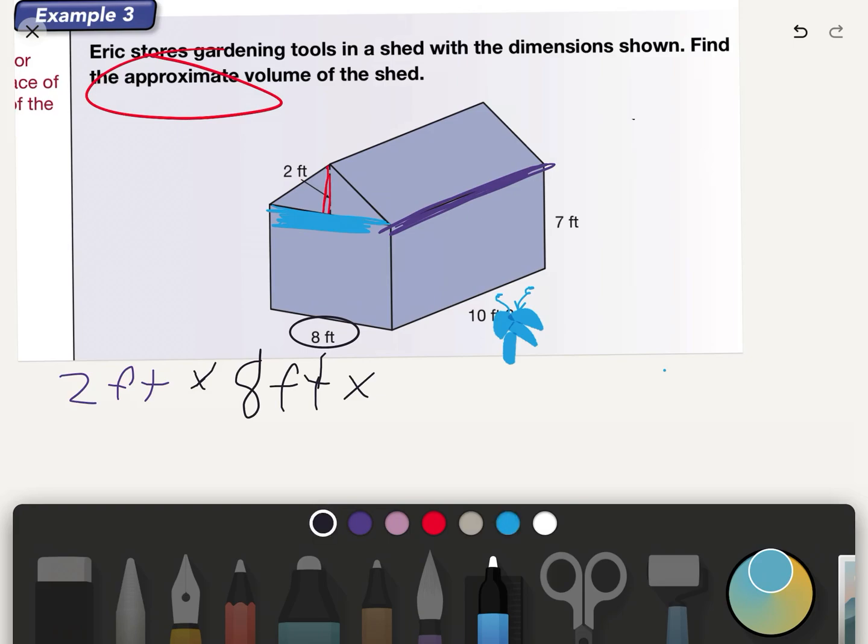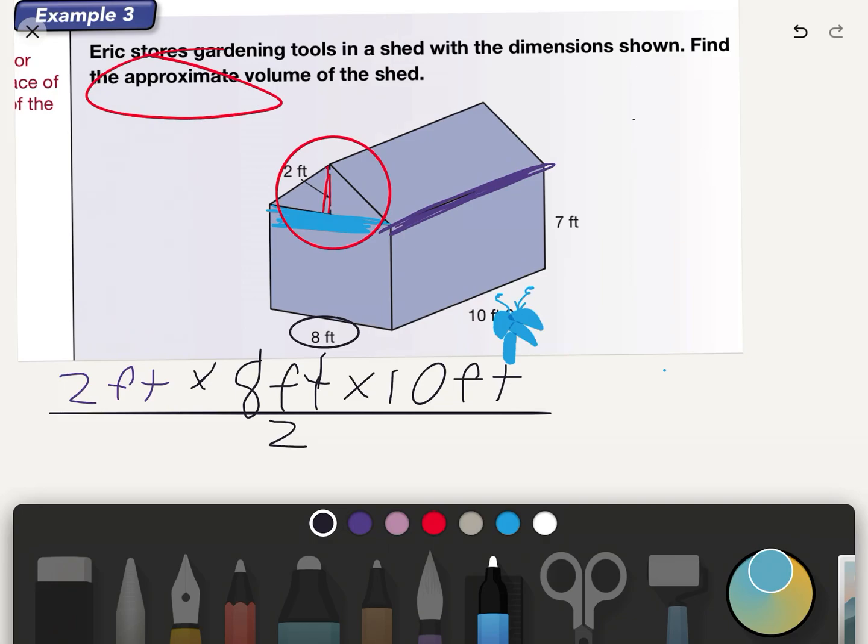So times 10 feet. But remember, since we're figuring out the triangle, we are going to need to divide the entire result by 2. So going across, 2 times 8 is 16. 16 times 10 is 160.